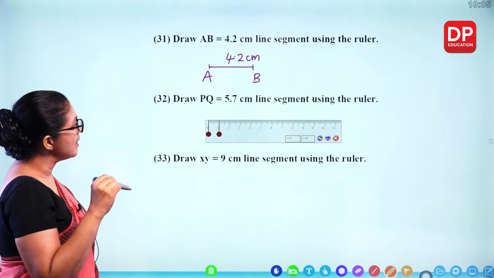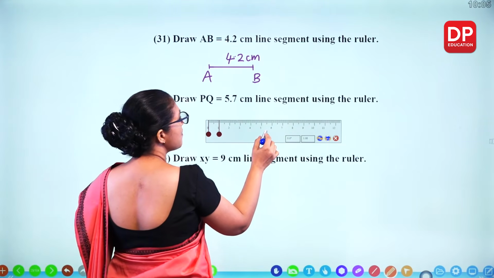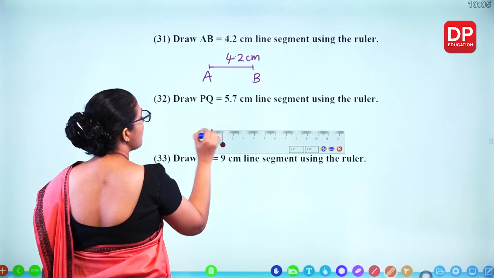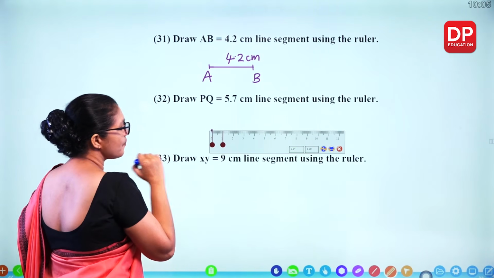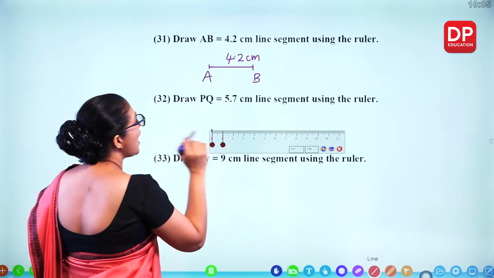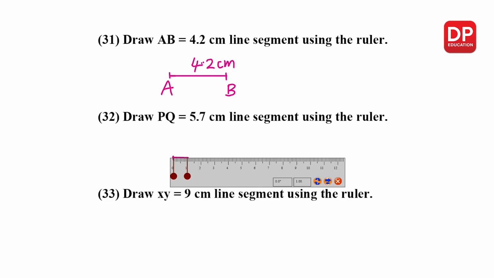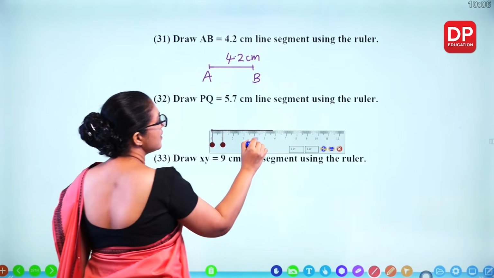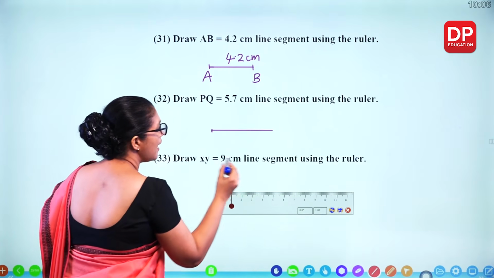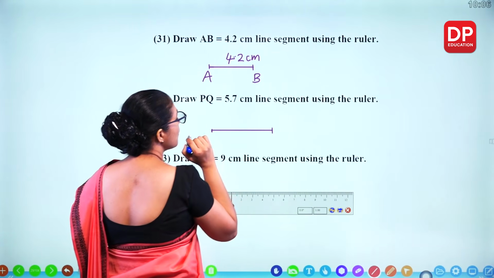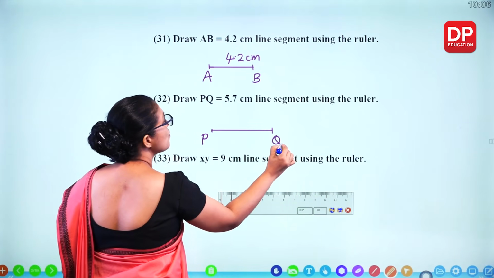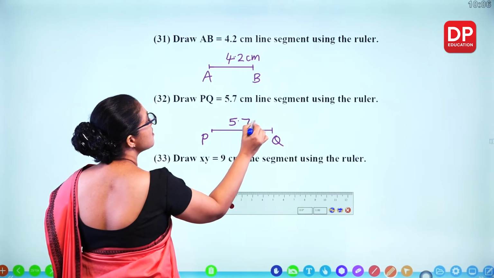Draw PQ is 5.7 centimeter line segment using the ruler. I can mark the point here and then 5.7. So 5.7 is here. So I can remove the ruler and mark this point. So that's PQ. P here, this is Q, 5.7 centimeters.